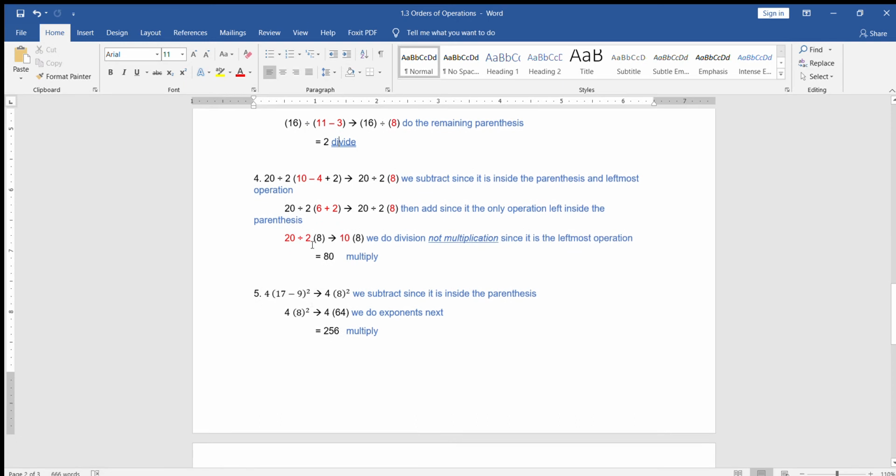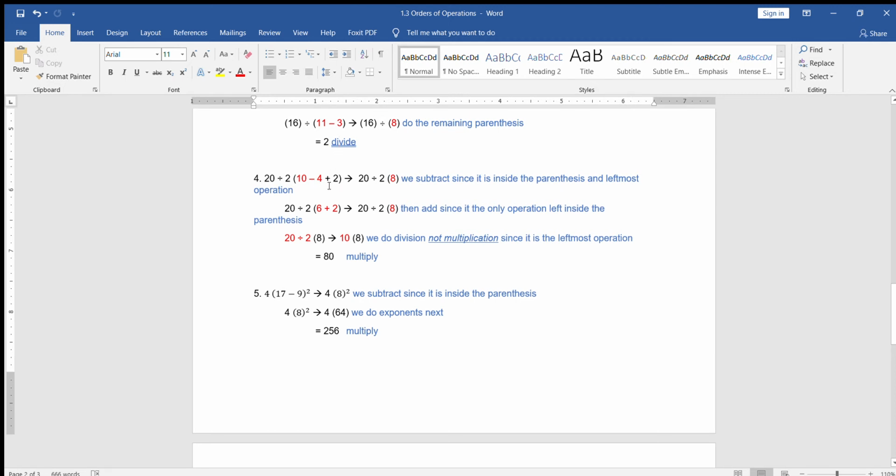Let's do number 4. We're going to get 20 divided by 2 times 10 minus 4 plus 2. Now we do the operation inside the parentheses first thing first. But in this case, we have a minus and a plus. Which one do we do first? Do we subtract or do we add? Some people definitely do 4 plus 2.